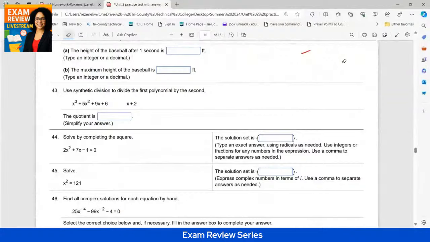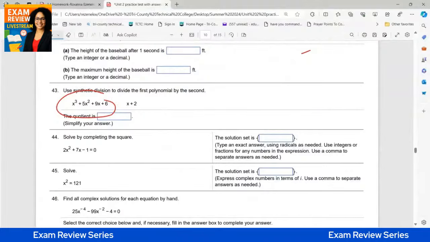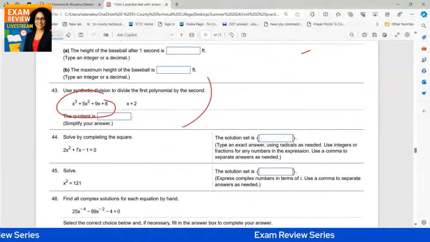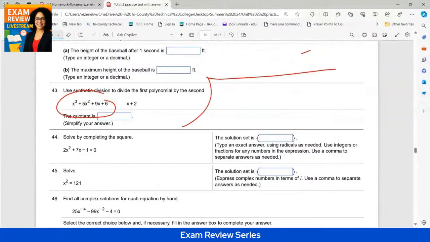I am told to use synthetic division. If I'm doing synthetic division, I first have to write the function, making sure it's in standard form. This is a cubic polynomial, and the leading coefficient is 1.